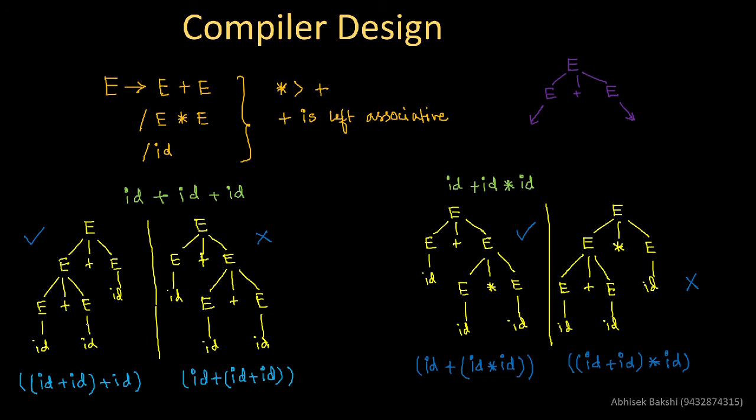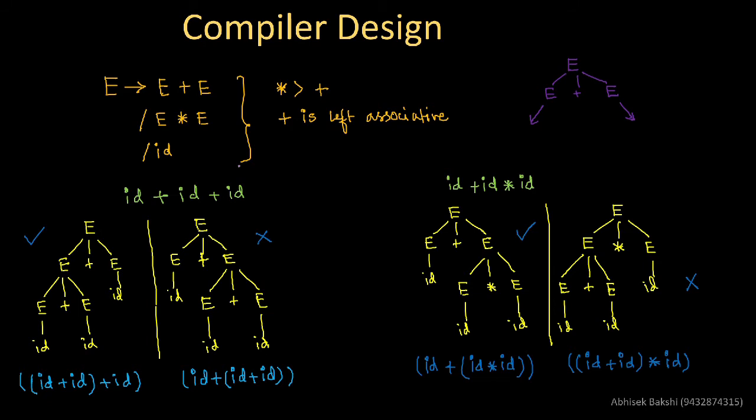Because we have seen that if the plus is left associative, then we grow the tree on the left side. If the plus is right associative, then we grow the tree on the right-hand side. That means we have to restrict the grammar to grow into one side, based on the associativity.